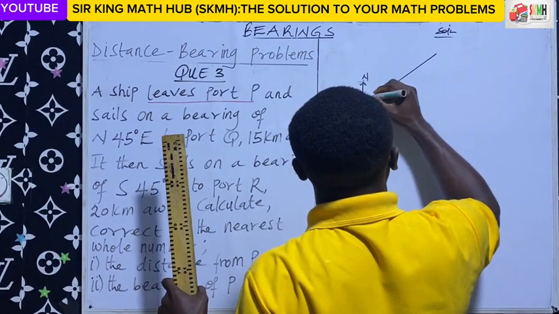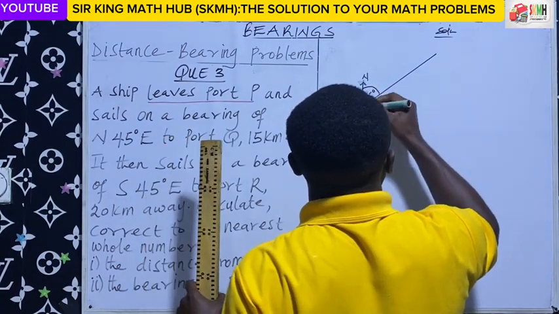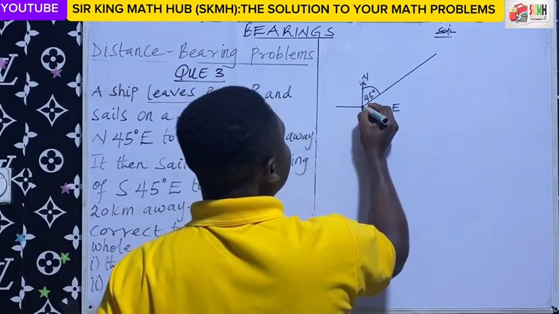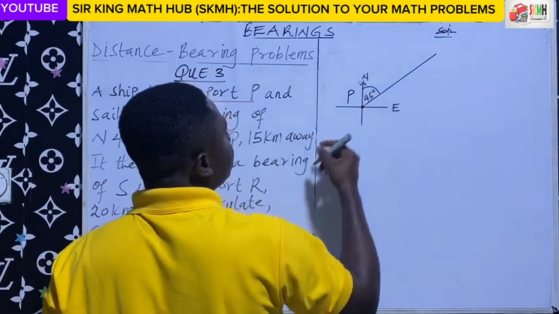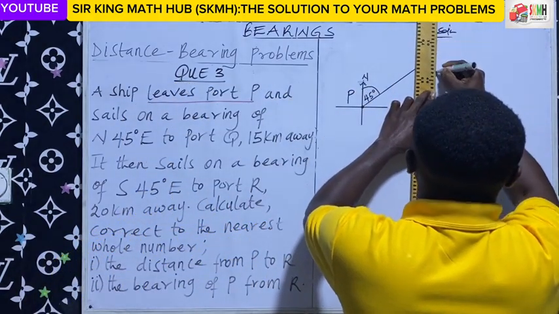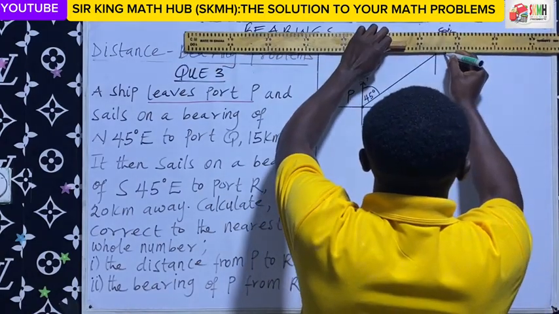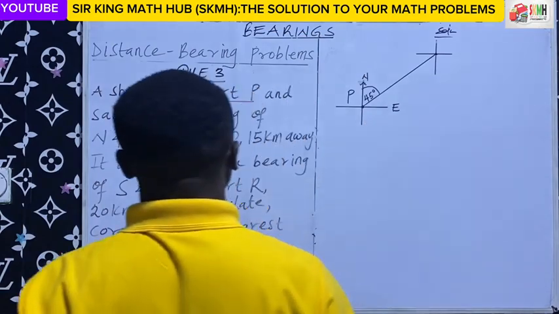So this angle here measures 45 degrees, and that is Port P. And here will be, what port should be here?